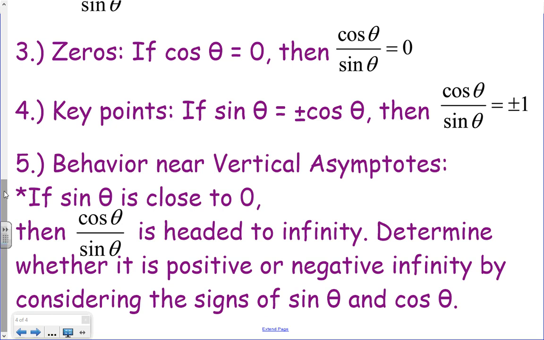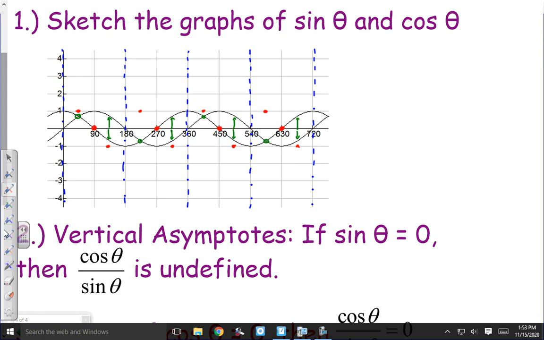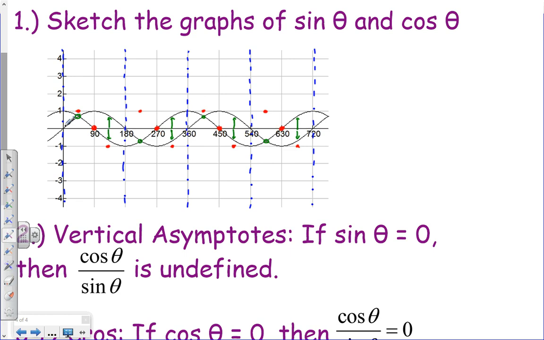So let's take a look at what's happening here on our graph. Let me do this in a different color. If I look at what's happening around this first zero that I see on sine, sine is headed towards 0 here, but it's a positive number because it's above the x-axis. The cosine function is up here, headed towards this value, and of course it's positive as well because it's above the x-axis.